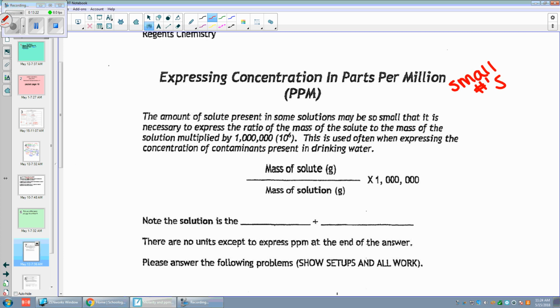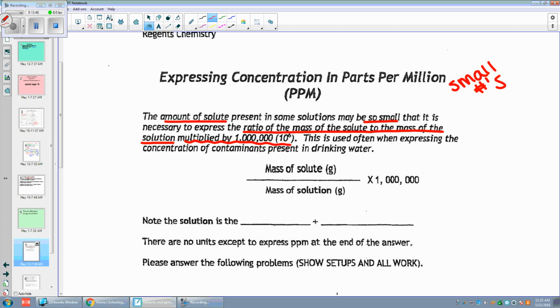So let's read. It says, the amount of solute present in some solutions may be so small that it is necessary to express the ratio of the mass of the solute to the mass of the solution multiplied by 1 million, or 10 to the 6.